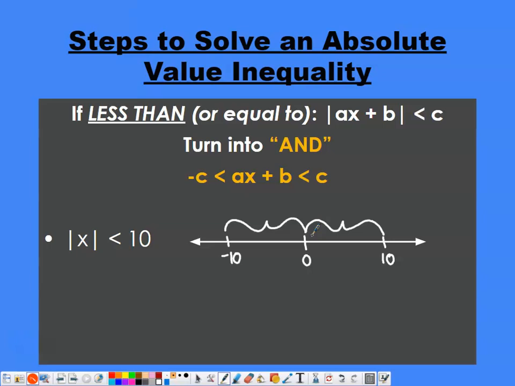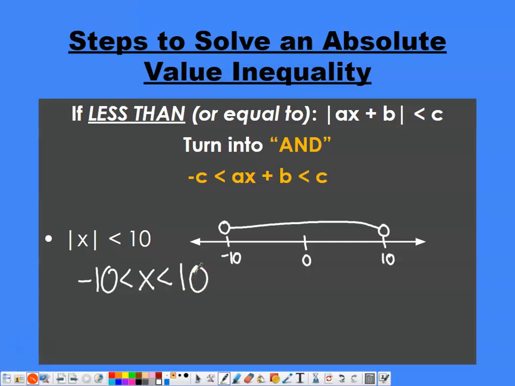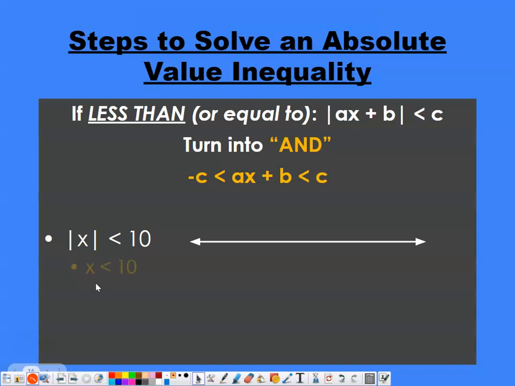Since that's the case, that looks a lot like an and statement, because we have an open circle here and an open circle here, and we're interested in all the numbers in between. So this is technically an and statement: negative 10 is less than x is less than 10. Let's take that principle and apply it to more complicated examples.